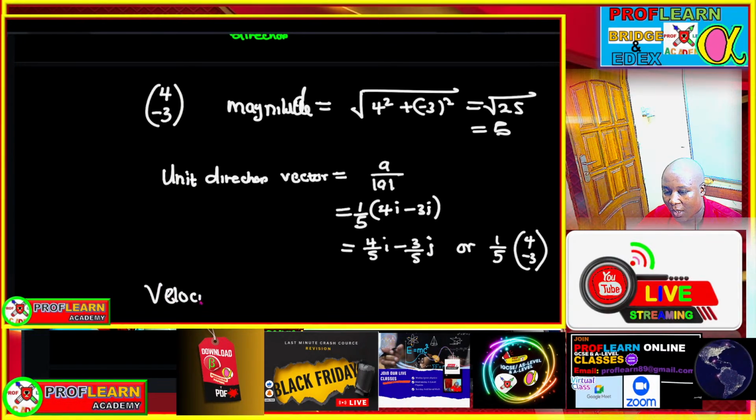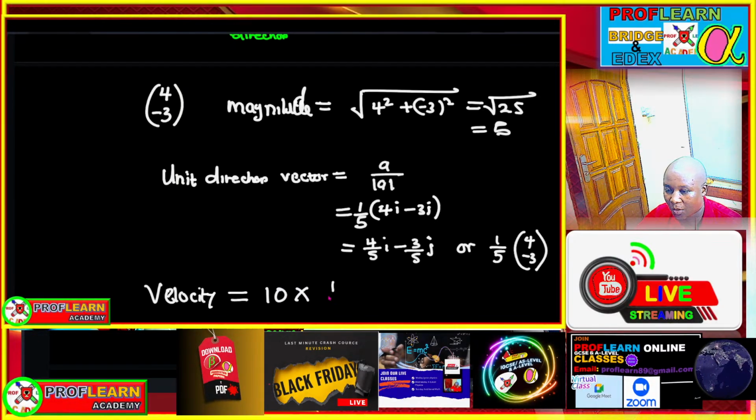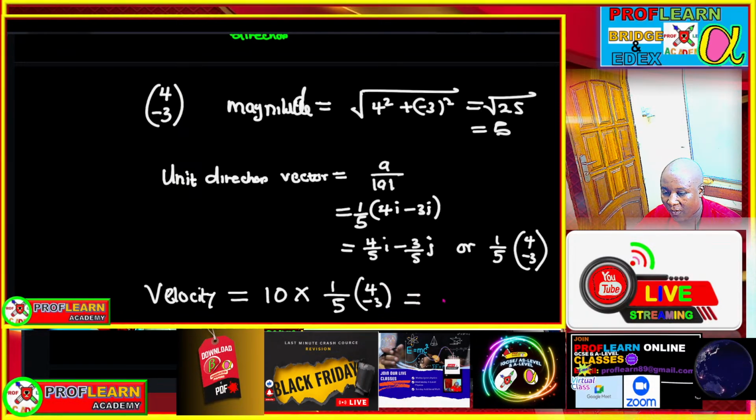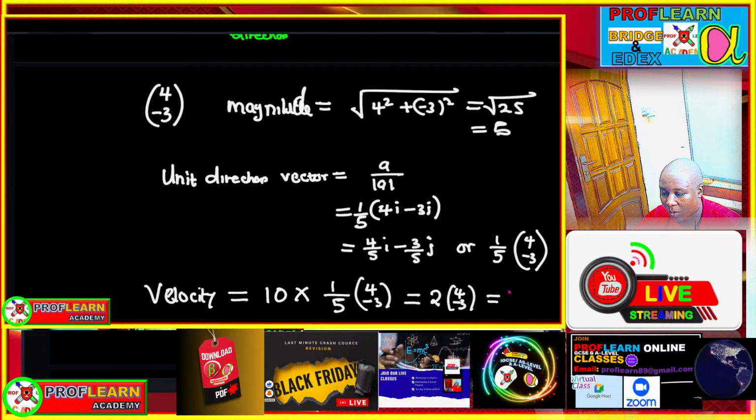Now velocity is going to be the speed, which, remember, was 10, times 1 over 5 into (4, negative 3). Then 5 can cancel with 10 to give 2, and then 2 times 4 will be 8, and negative 6, like that.